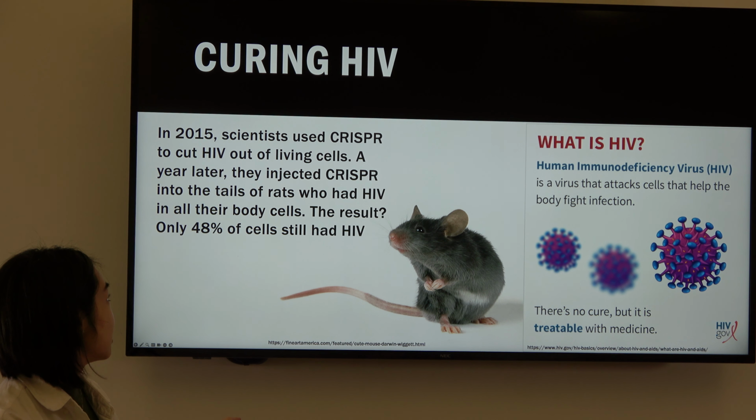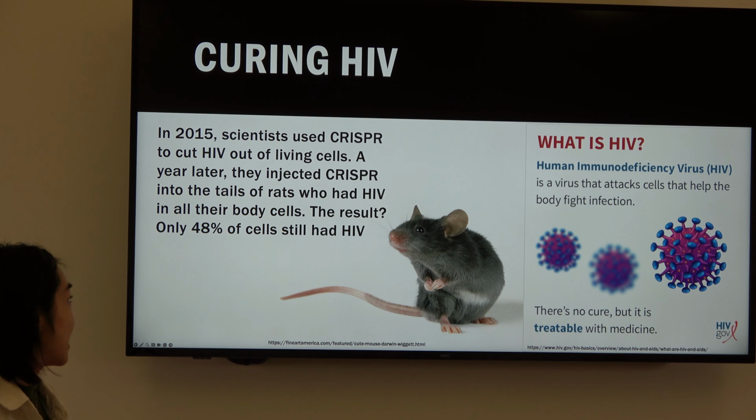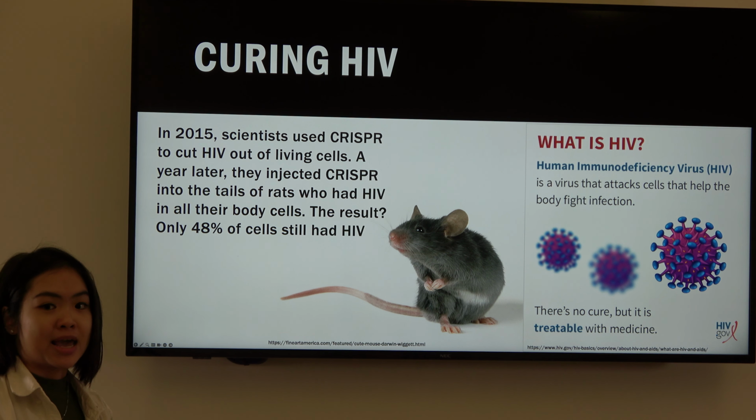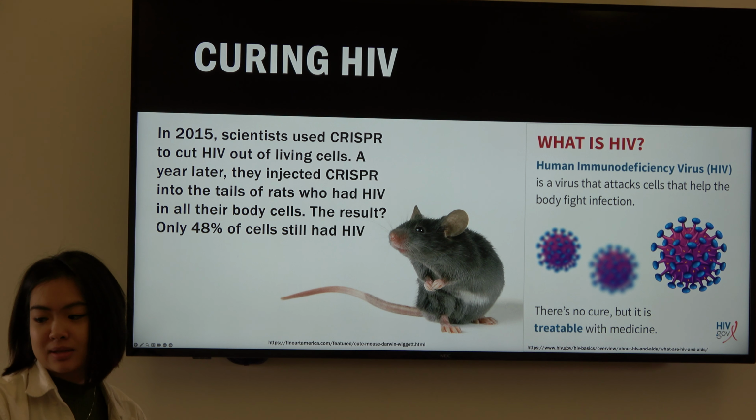And they actually did a trial in 2015 where they used CRISPR to cut HIV out of living cells. And then a year later, a team in China injected CRISPR into the tails of rats who had HIV in all of their cells. And what they found out was that using this treatment, they could eliminate 52% of HIV genes inside the mouse.